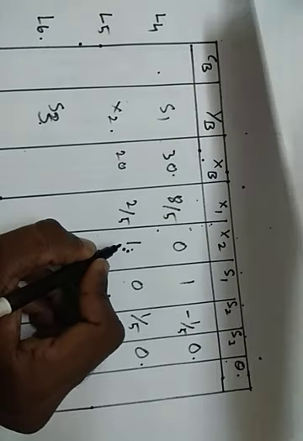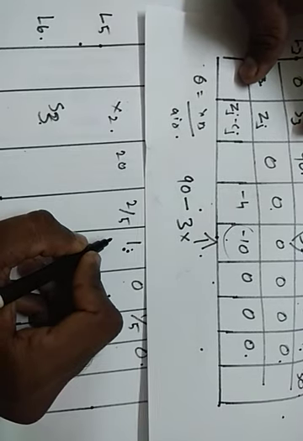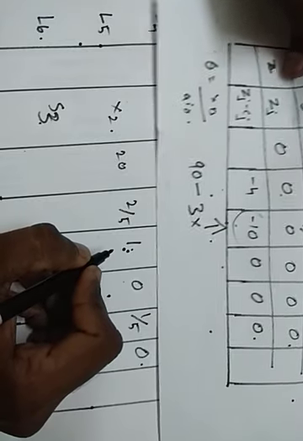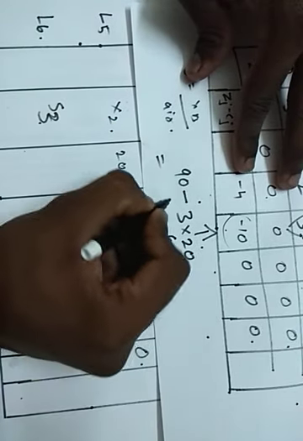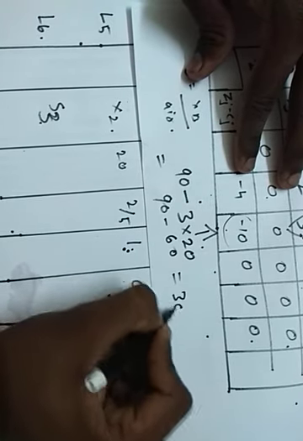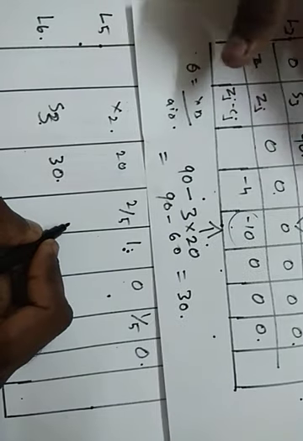L5 is already 20. So the given answer is 90 minus 60 equal to 30. So by this we can calculate all this one.